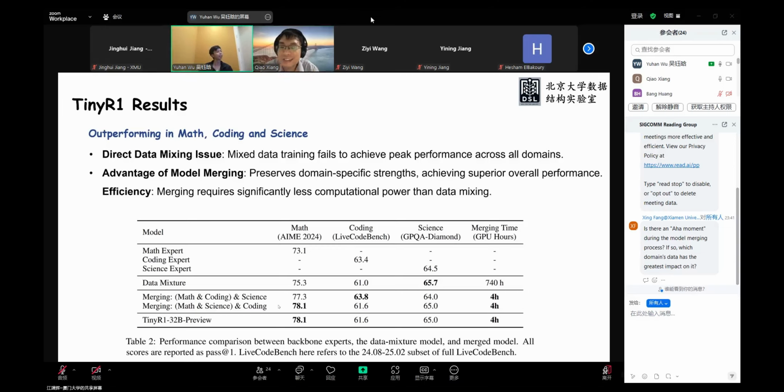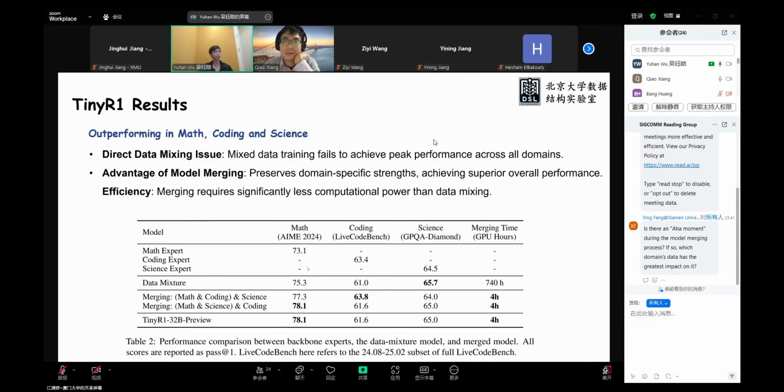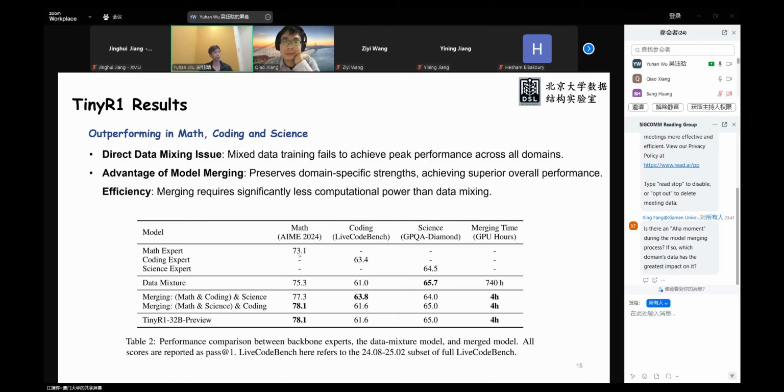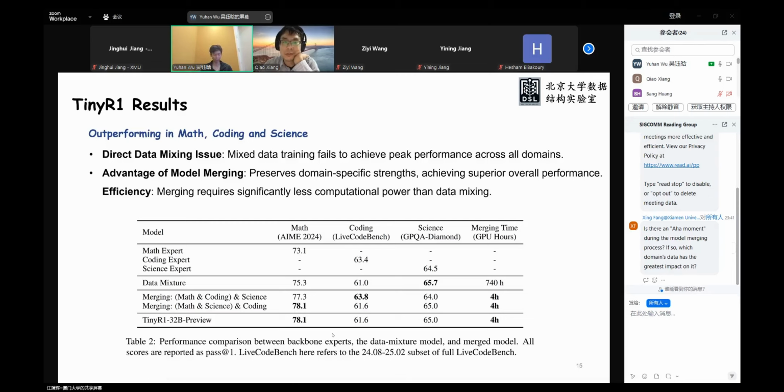The most interesting time was when we found that after merging the three models, our math score rose from 73 to 78, and that was out of our expectation.